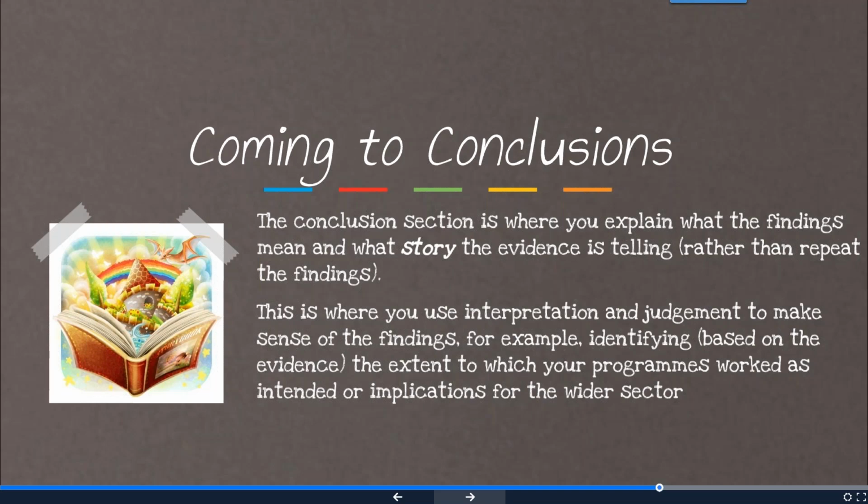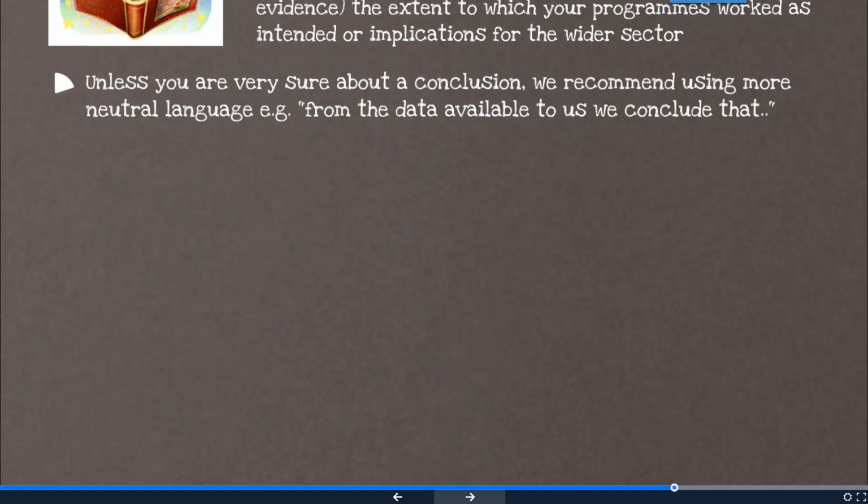So you're really drawing conclusions, you're making an interpretation and a judgment of the data at this stage. So unless you're very sure about a conclusion, we recommend using more neutral language. So often we're using sampling techniques, or you will be doing, to collect information. It's very hard to collect data about every beneficiary. We don't have the time and resource to do that.